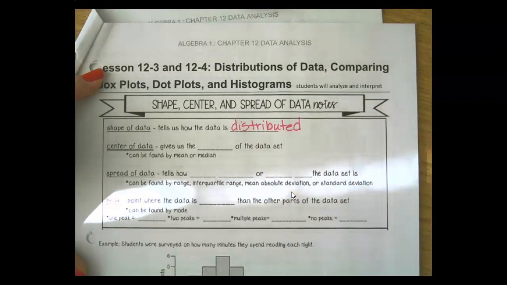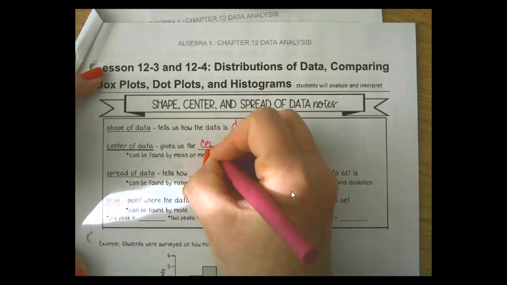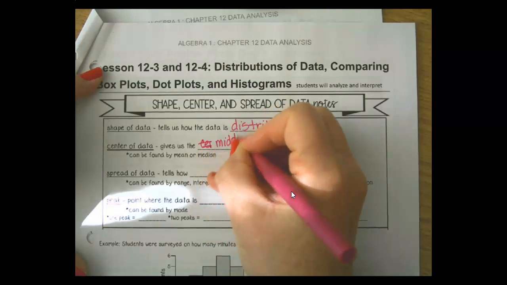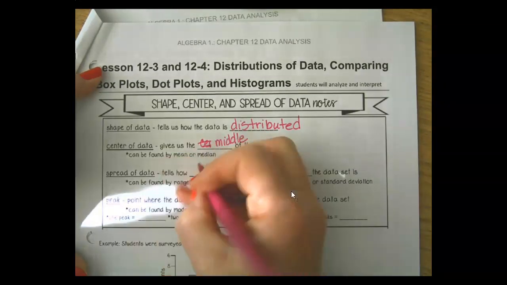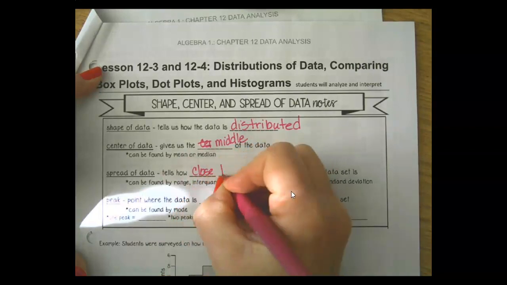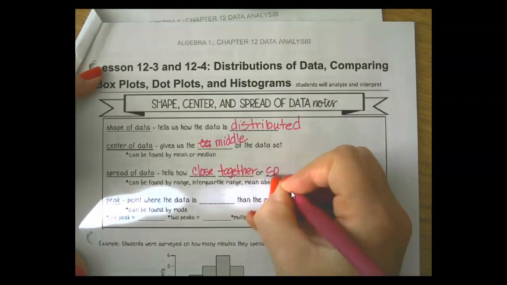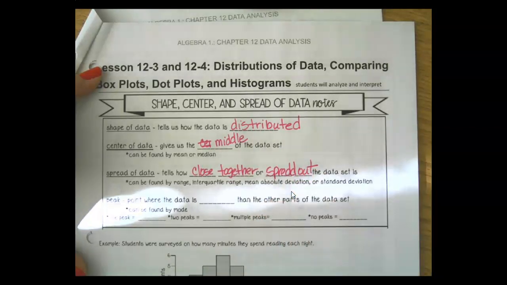The center of the data gives us the middle of the data set and can be found by the mean or median. The spread of the data tells how close together or spread out the data set is.